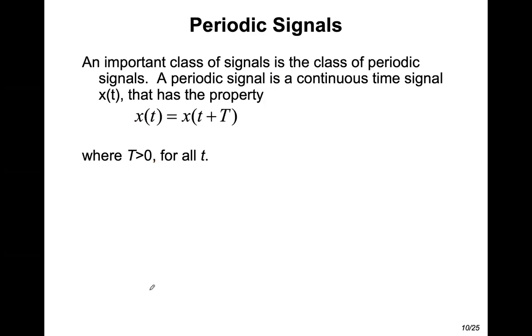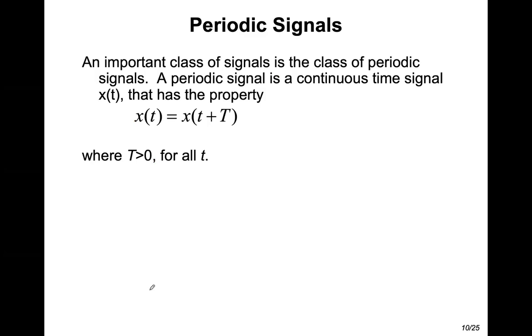Okay, the first class of signals was related to continuous time, discrete time. The second class was about even and odd signals. Now I would like to talk about periodic signals. In this subcomponent, signals and systems, we will always be dealing with periodic signals.